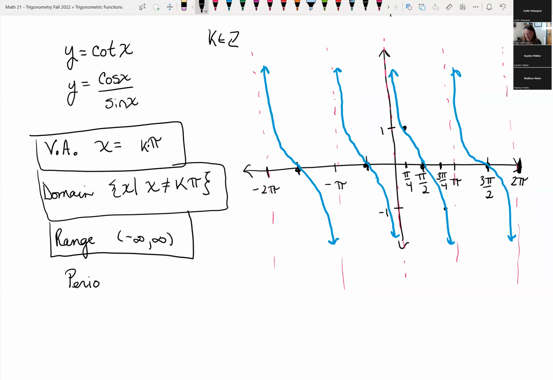Sine, cosine, cosecant, and secant functions all have a period of 2 pi, but tangent and cotangent functions have a period of pi. Unless we start playing with our argument and multiplying that by another number, other than 1.